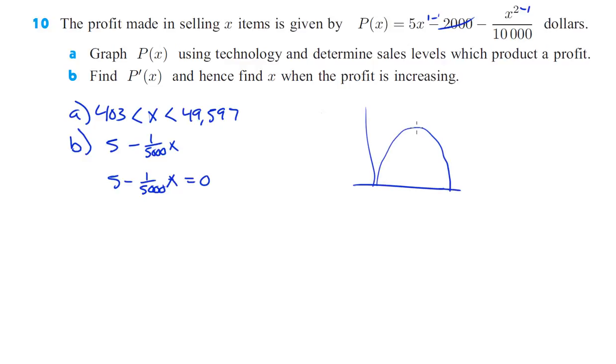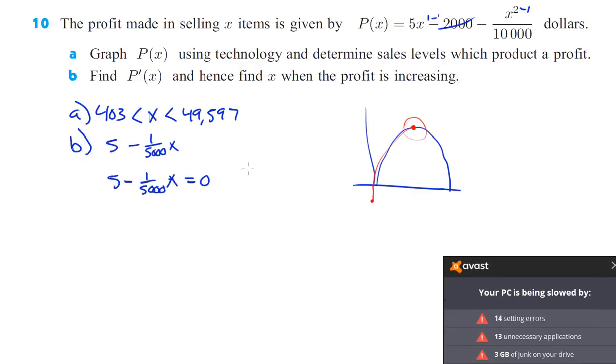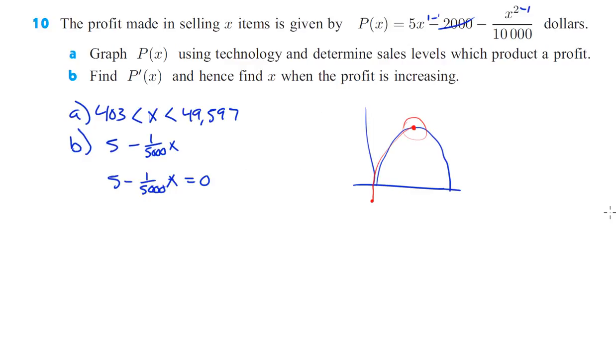So all the way, let's use a different color here, all the way from here down to wherever it begins, these are all the spots where the profit's increasing. Now once we get past the maximum here, the profit's decreasing. So basically we just have to figure out what this maximum point is. It would probably be a lot easier on the graphing calculator, but this really is not too bad.